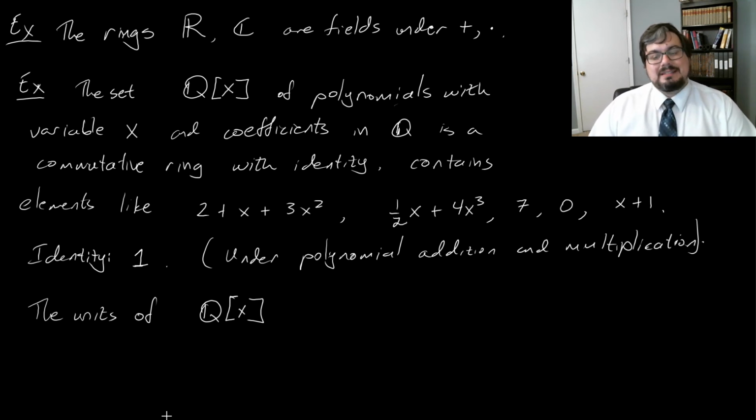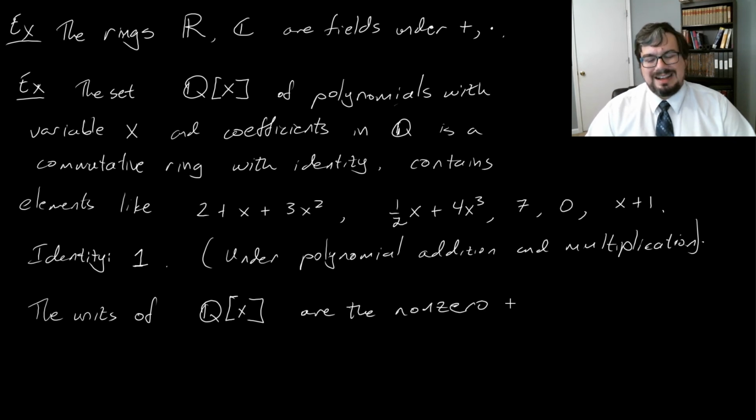And so that means that any polynomial that isn't a constant, that has positive degree, can never be a unit. Because if you multiply it by anything else, you'll get something with positive degree, and the identity element does not have positive degree. It has degree 0 as a polynomial. So the units of Q adjoin X are the non-zero, because remember 0 is never a unit, constant polynomials.